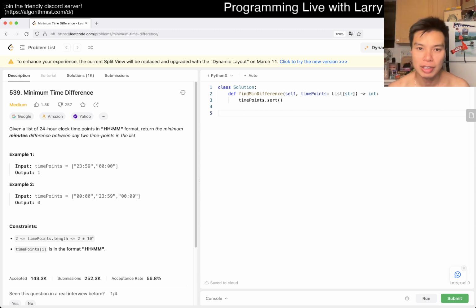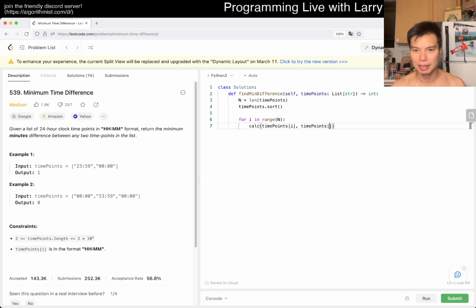So let's write it out. Maybe we can write n is equal to length of time points. And then we have a function that does time points of i and time points of i plus 1.